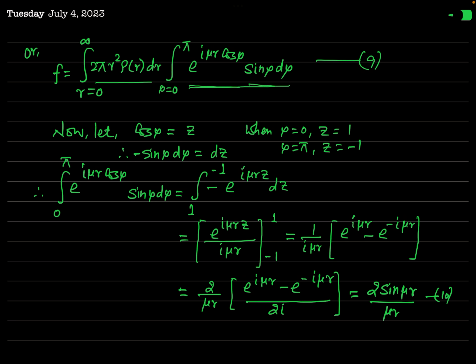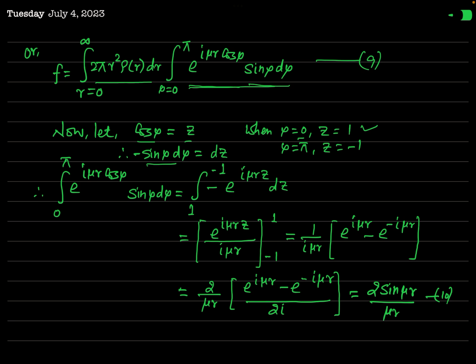Now let us first of all try to evaluate the second integral, that is the integral of e to the power i mu r cos phi times sin phi d phi. This integral can be easily evaluated by the method of substitution. For this, let us consider that cos phi is equal to z. Taking differential, you will have minus sin phi d phi equal to dz. Now, for limits, when phi is 0, z will be cos 0, which is equal to 1.